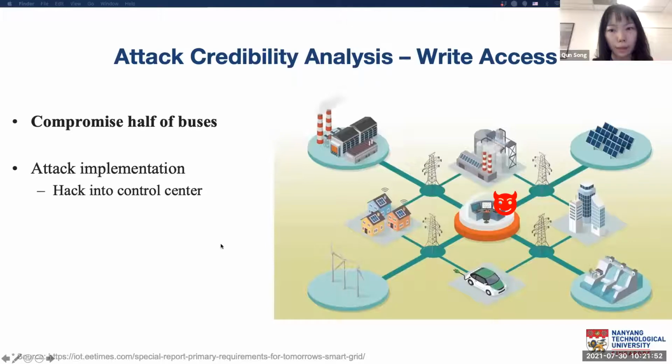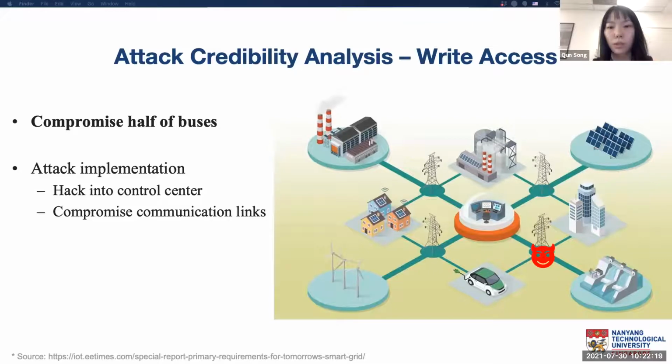And there are 3 possible ways to implement the attacks. The first is to hack into the enterprise network of the power grid control center. However, an attacker with such capability could directly subvert the VSA results instead of resorting to the adversarial example attack. The second way is to compromise the communication links from the buses to the control center.